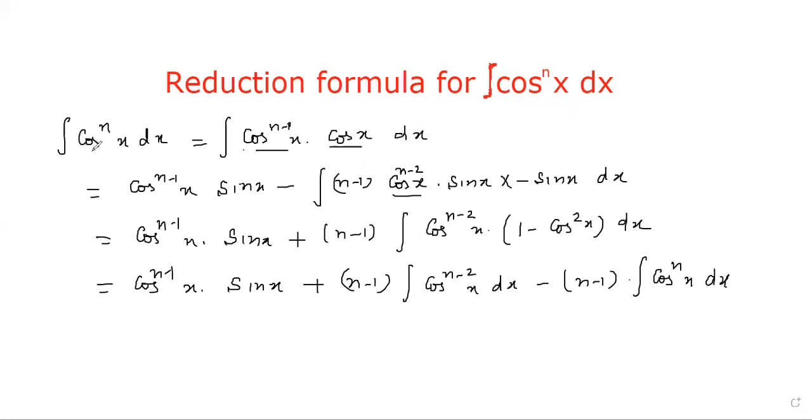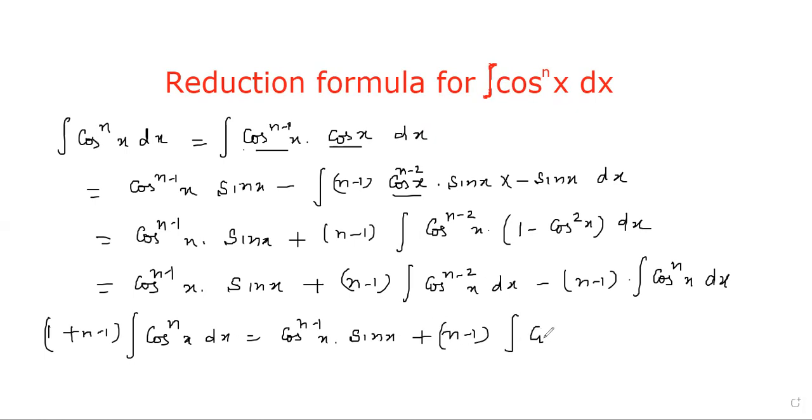And we have started from integration cos power n x dx, so we can take it this side in LHS. So 1 plus n minus 1 times integration cos power n x dx is equal to these two terms: cos power n minus 1 x sin x plus n minus 1 integration cos power n minus 2 x dx.